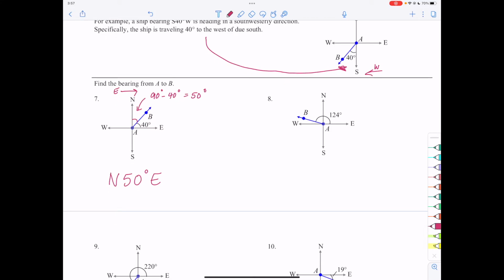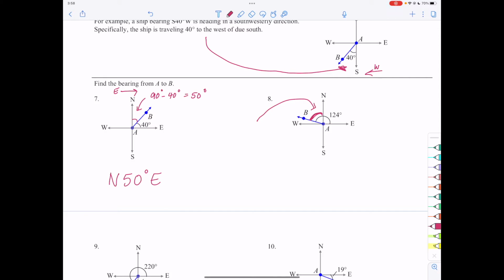Looking at number 8, as you can see, this angle right here is going to be 124 degrees minus 90. This angle is what we want.